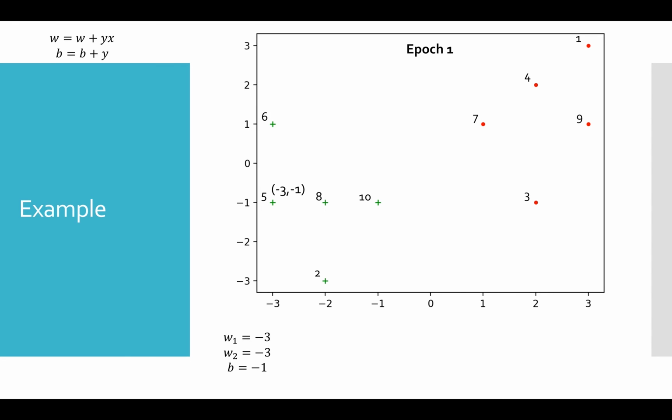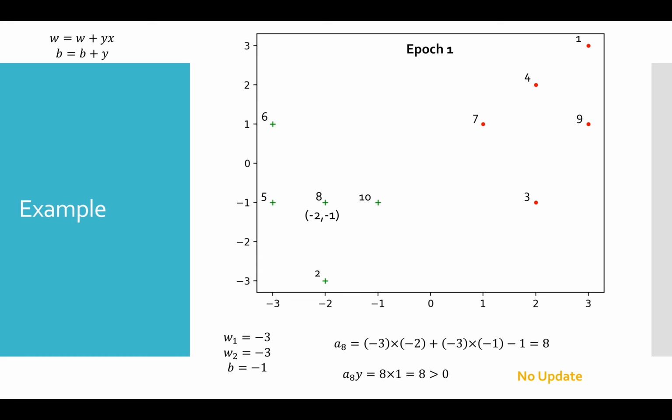We take sample 5, and we get a positive activation, and again, we don't have to update. Sample 6, similarly, we get a positive activation, and we don't have to update. Sample 7, oh, sorry, we get a negative activation. But this is good because this is a negative sample. So -7 times -1 is positive, and so we're good to go, no update.